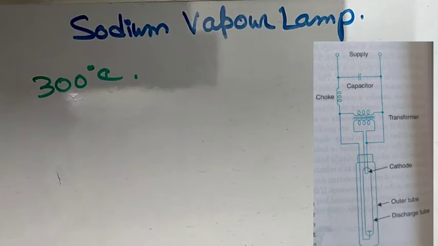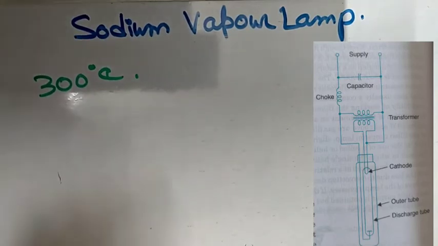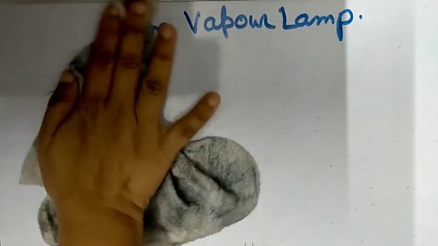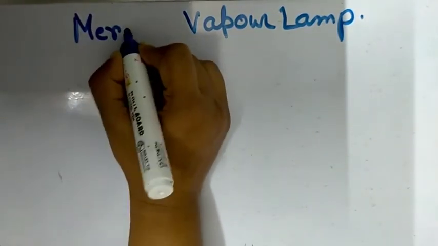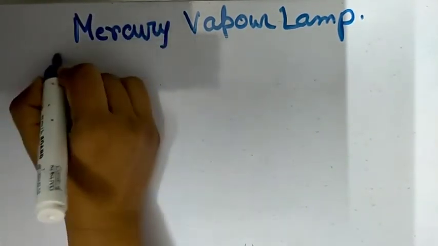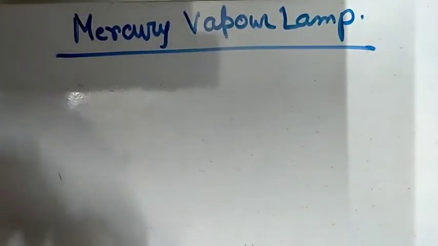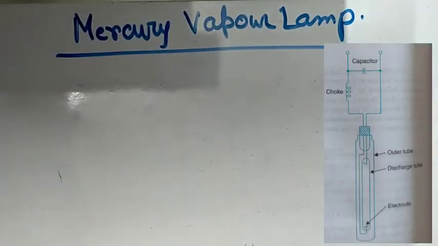Okay. Next is the mercury vapor lamp. The mercury vapor lamp is similar in construction to the sodium vapor lamp and consists of a double glass bulb.